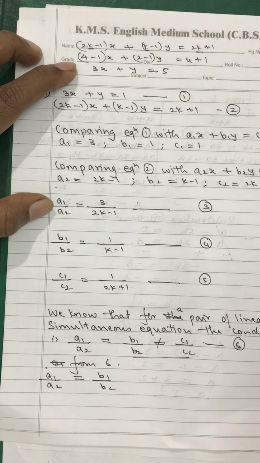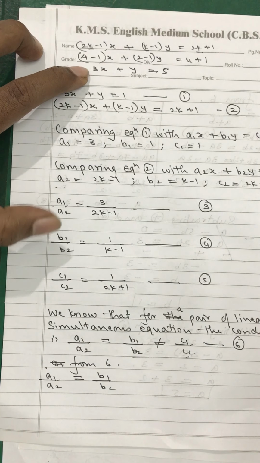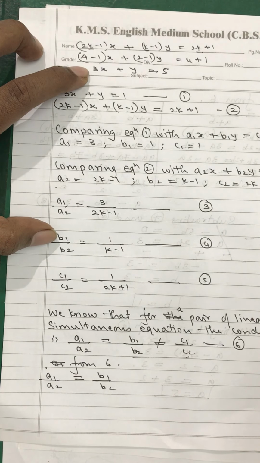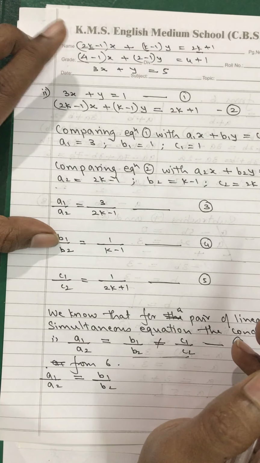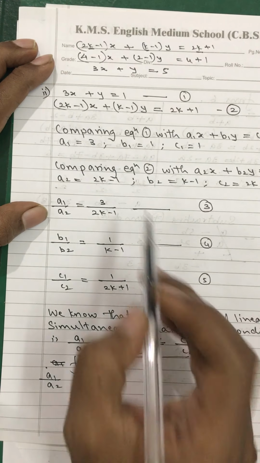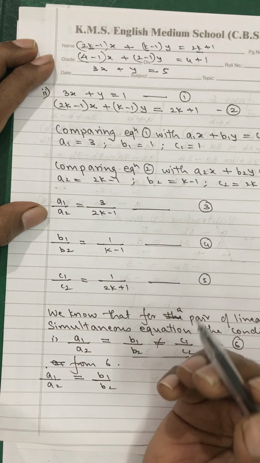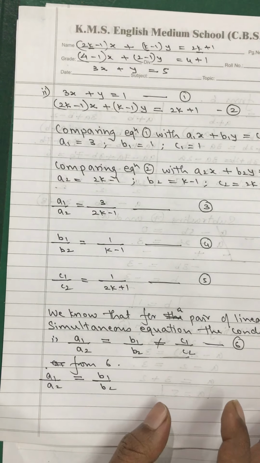Now a1 upon a2 will give me 3 upon 3, means 1. b1 upon b2 will give me 1 upon 1, means 1. But c1 upon c2 will give me 1 upon 5. You can counter check that, my dear students.